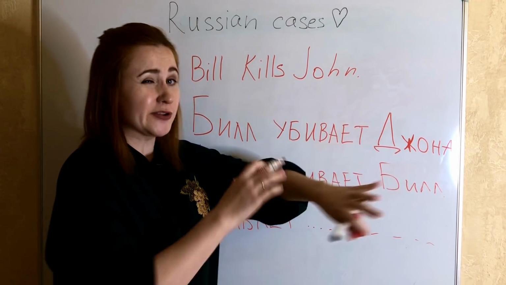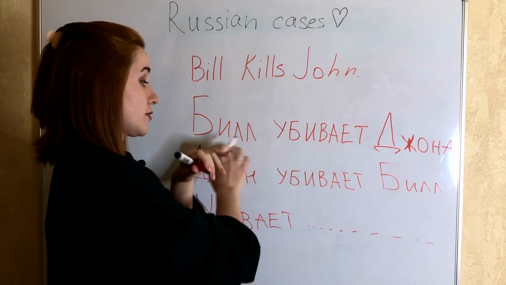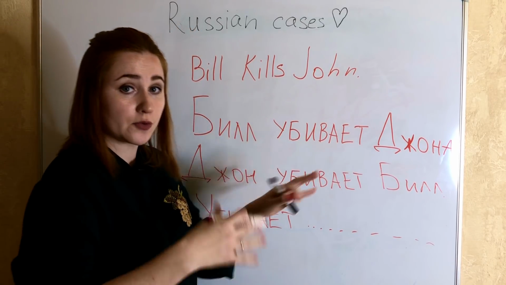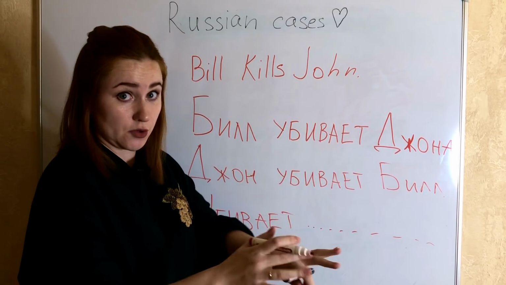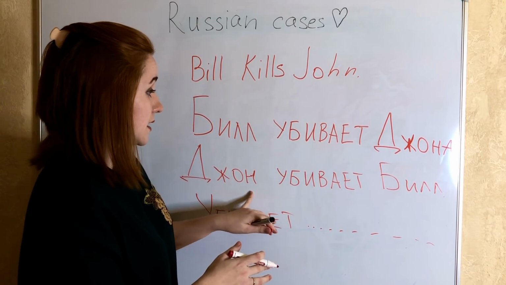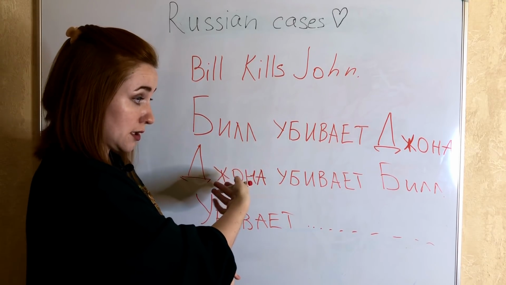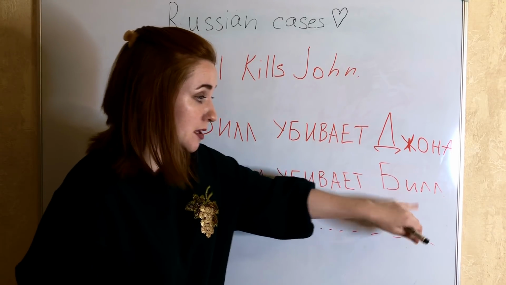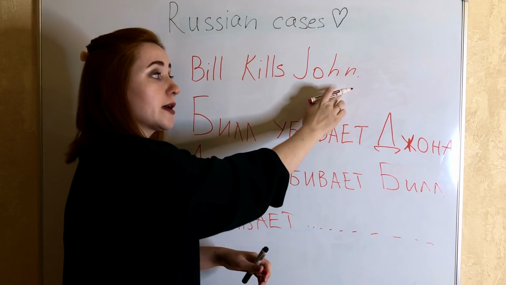So now, no matter where you put this word or this word or this word, no matter how you put them together, we understand who is murdered, okay? So, Johna убивает Bill. The meaning stays the same, not like in English.